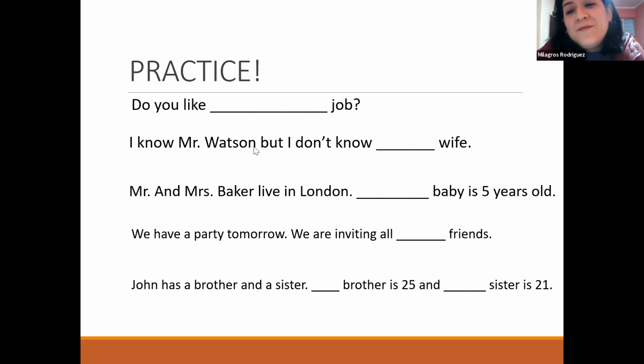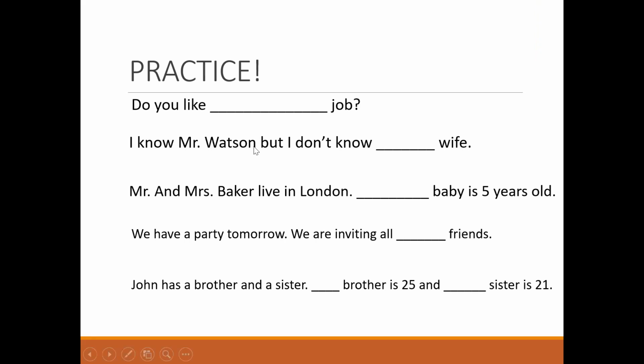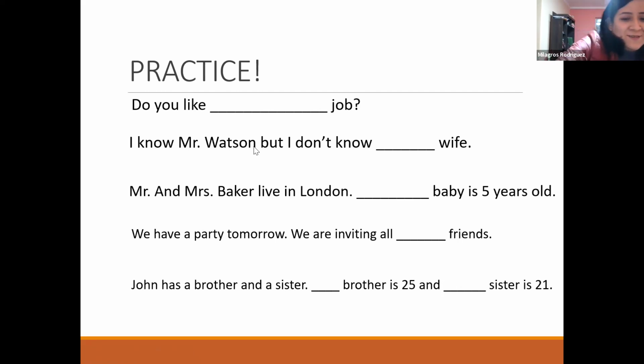We have a party, we are inviting all our friends. And finally, who can read the last? Me, teacher. Sophia, please start. John has a brother and a sister. His brother is 25 and his sister is 21. Very good, Sophia. Well done.